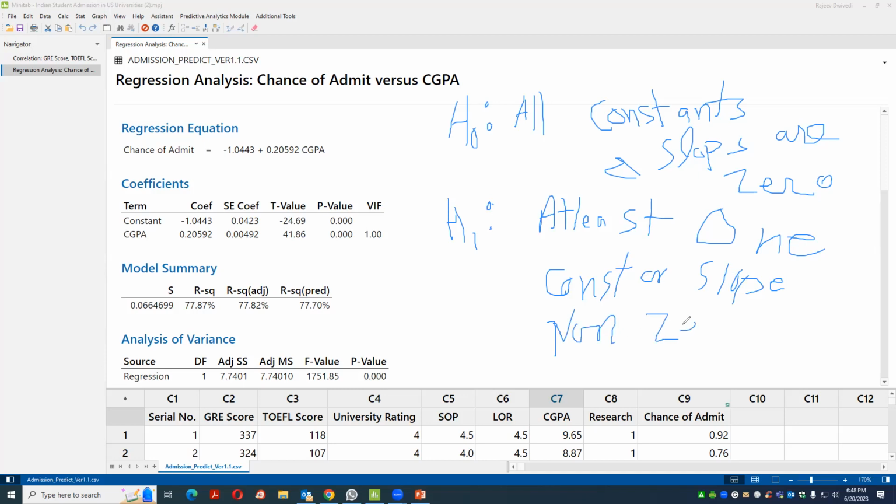Now, based on that, H0 is useless and the alternative is useful. Now tell me, in this model, which is useful and which is useless? Let's say the p-value of the intercept is 0. Then what do you say?